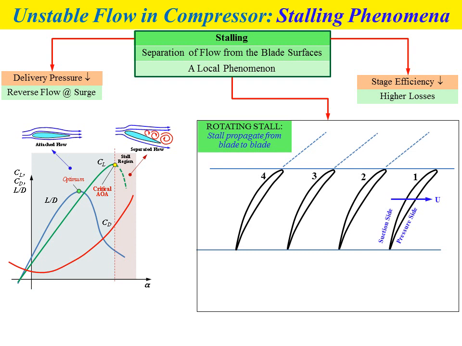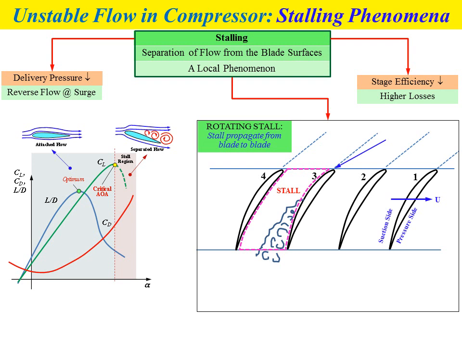Okay, we have the, sorry, we have what I call the H line, and we have the direction of fluid at the inlet of the compressor. Let's say this angle of the velocity at the inlet will cause this separation, and this incident angle has already entered the critical angle of attack.